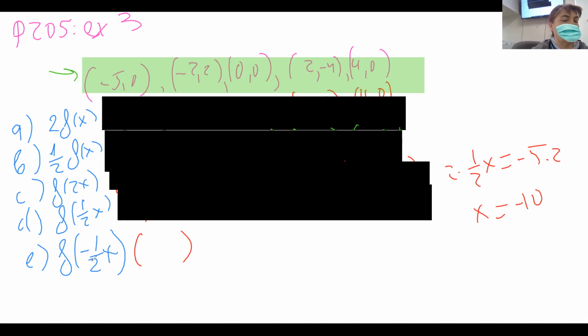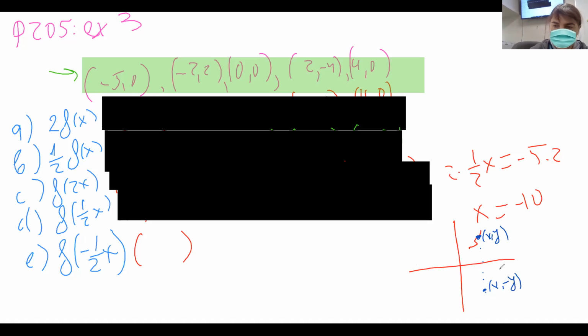No, no, you need to think. Let's think about any simple graph. If you have something here, right? If you want to reflect this point right here with respect to this axis, what would happen? The y would change, right? If this is x and y, this will be x and negative y, right?